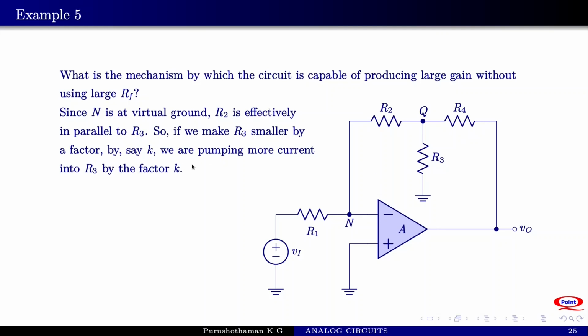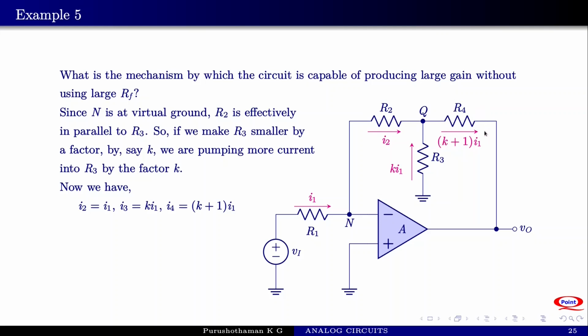Then we are pumping more current into R3 by the factor K. So if you make the resistance R3 K times smaller, the current through this resistance will be K I1, and the current through R4 will be K plus 1 times I1, which is higher than these currents. And the current through R4 is independent of the value of R4.